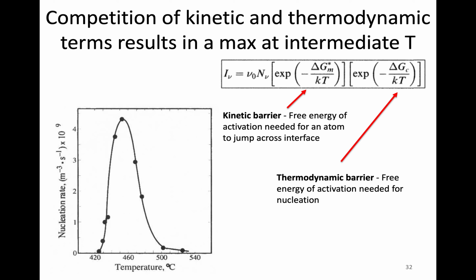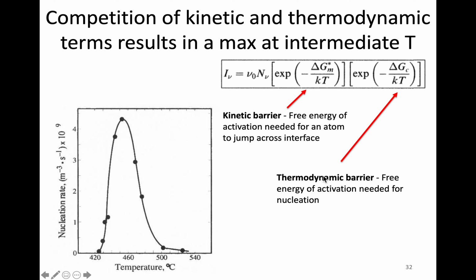More undercooling. So this is a classic competition between what I term the kinetic barrier and what I term the thermodynamic barrier. The migration term increases with increasing temperature, while the thermodynamic term increases with decreasing temperature. So they have opposite effects.